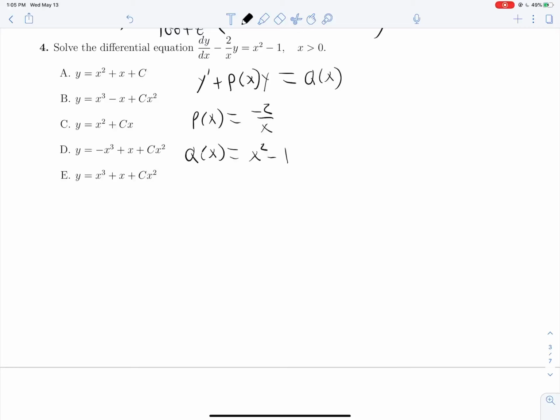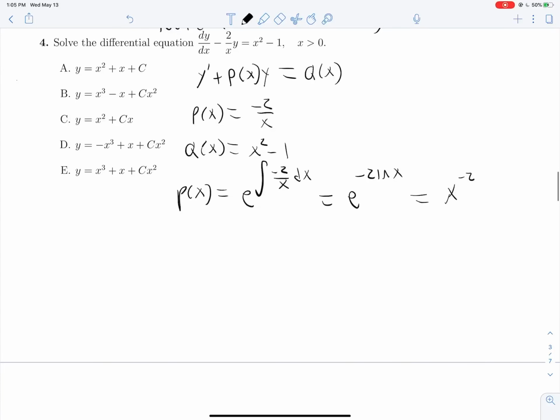Okay, so integrating factor says we need to find our integrating factor, rho of x, which is equal to e to the integral of p of x, which is negative 2 over x dx. This gives us e to the negative 2 ln x, or just x to the negative second power. Now, finding our solution is as easy as setting up, what will this be?